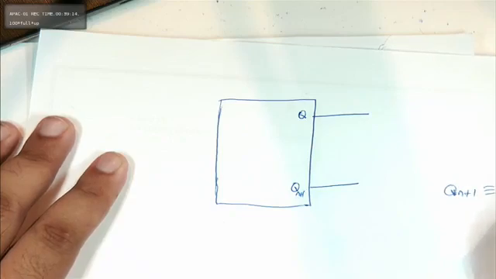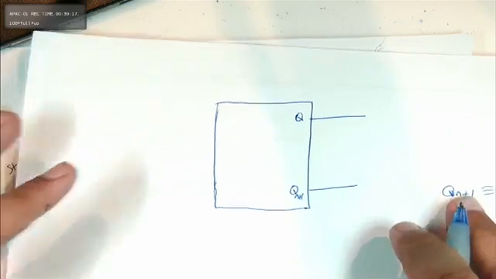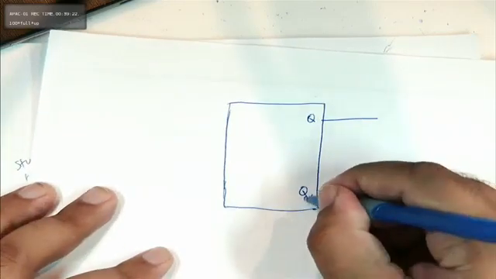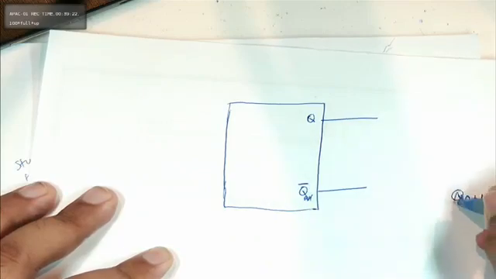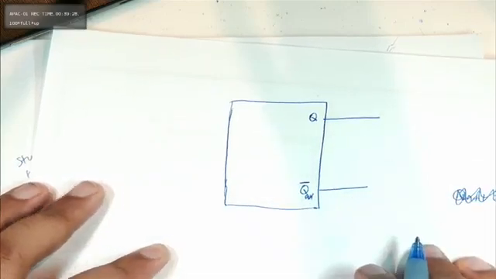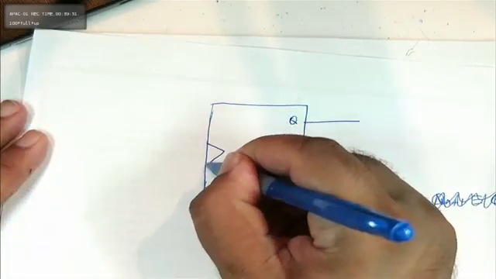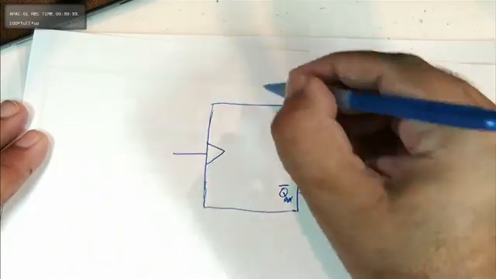Oh, sorry, that's supposed to read Q bar. Q and Q bar. And we have your clock line here. So this is your SR flip-flop.